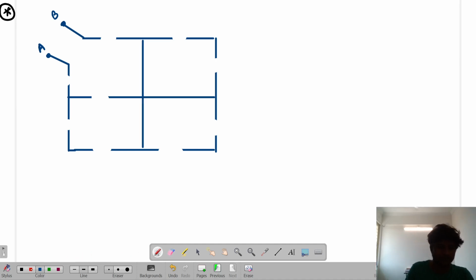Got it? R, all are 2 ohm. No, consider all are 2 ohm resistors. Oh, sorry, they are not divided.